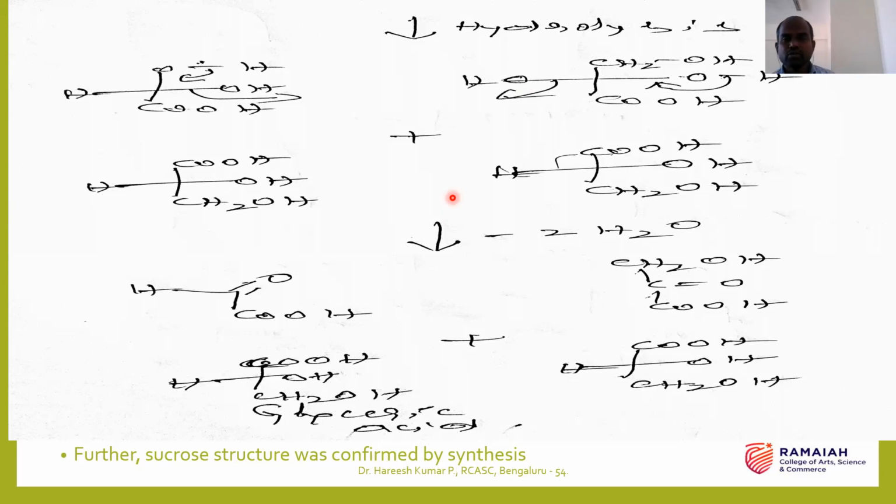Between these two, you will get one in your main examination. So this is about the structural elucidation and chemical evidence for the sucrose structure determination. Okay, that's all about today's class.